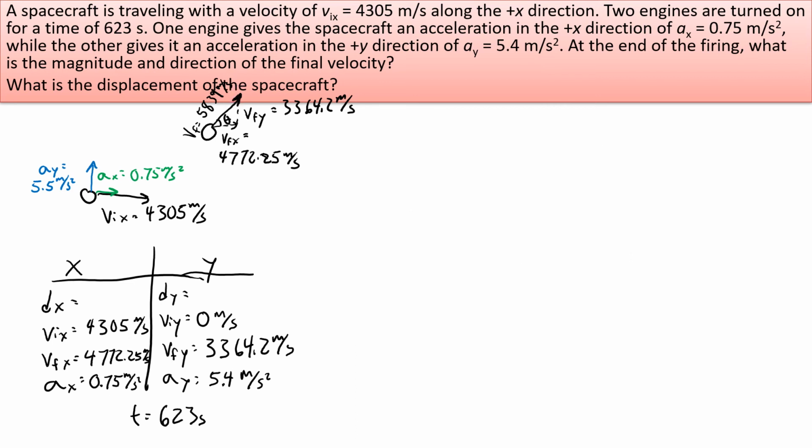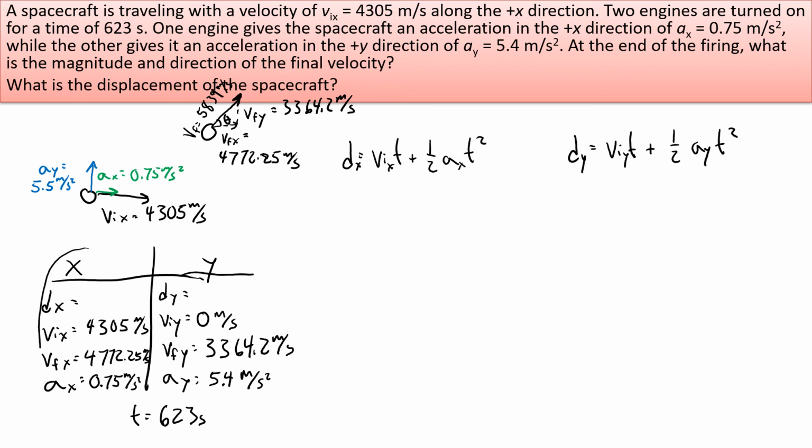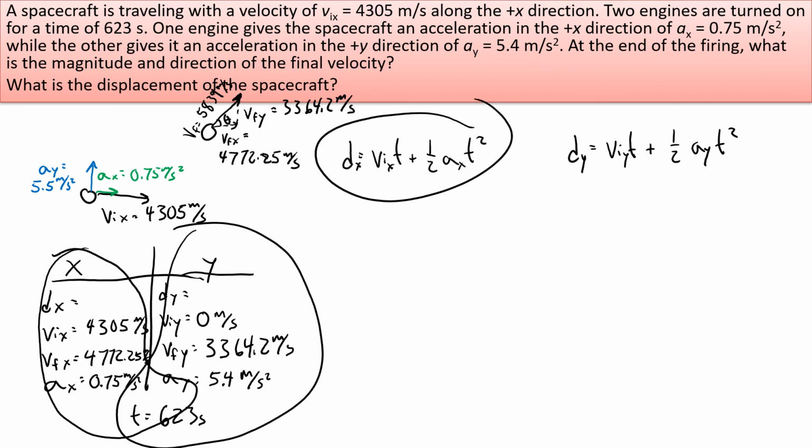So to find d on both sides, we could use vi, a, and t, and use the equation without vf, which is this one. But I'll do it simultaneously for the x and the y. So we'll substitute in our values very carefully from our table with the x for the x and then the y for the y.